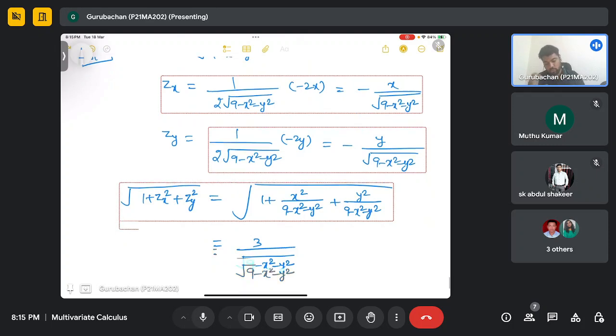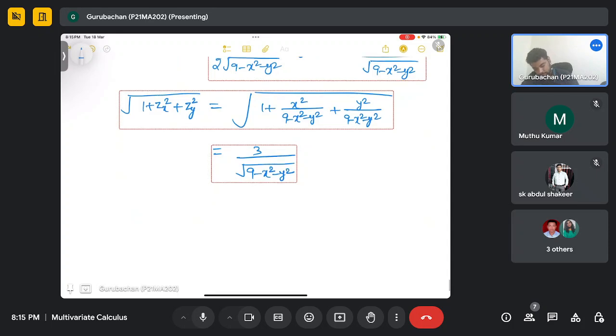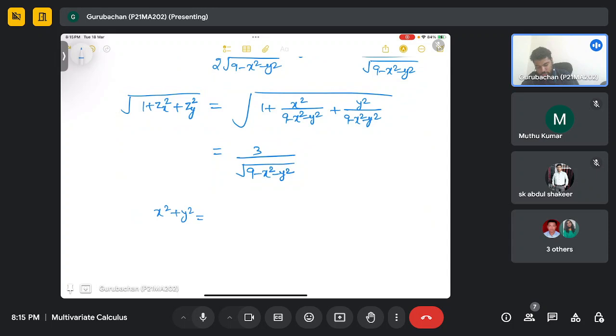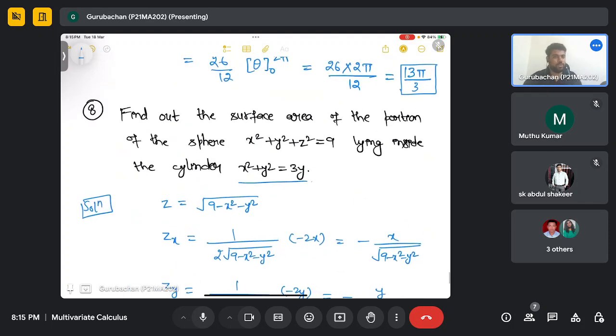Now we need to decide the region over which we have to integrate so that we can decide our limits. To decide that, we have to draw x square plus y square is equal to 3y. We want to calculate surface area inside this particular region, and the other one is x square plus y square plus z square is equal to 9.